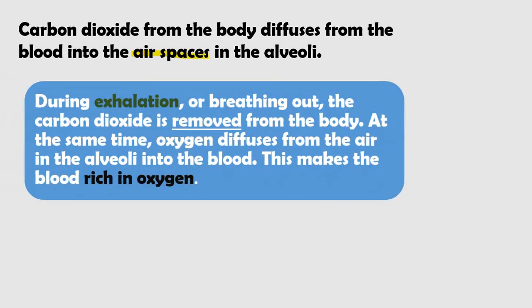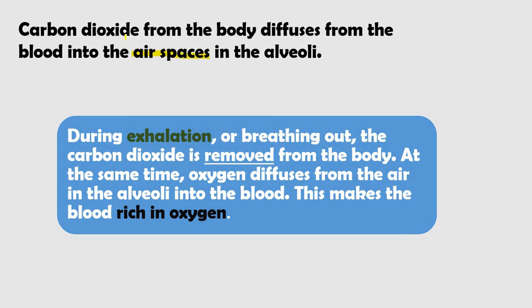And during exhalation, to expel air outside your lungs, the carbon dioxide is removed from the body. But at the same time, oxygen diffuses from the air in the alveoli and gets inside the blood. So at this moment, the blood is rich in oxygen.